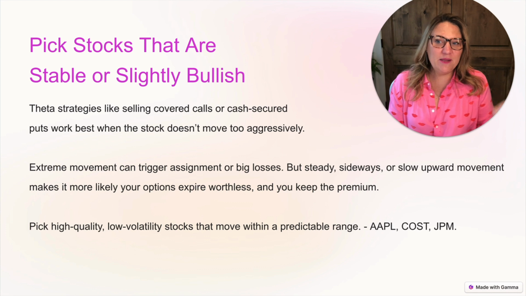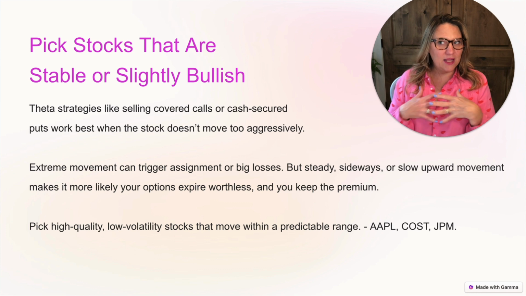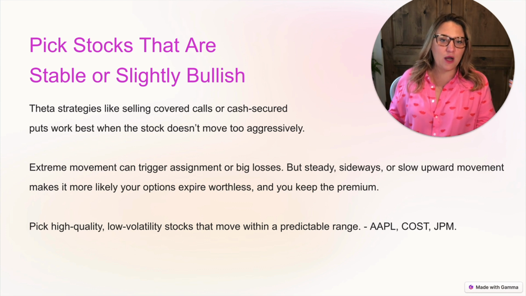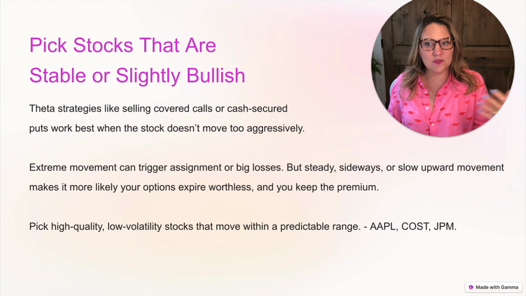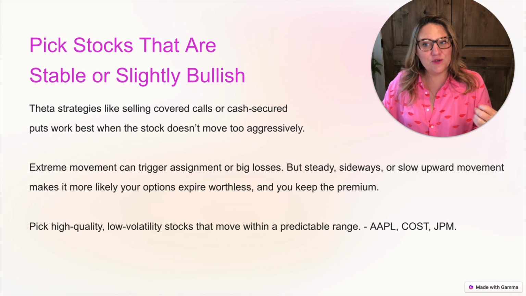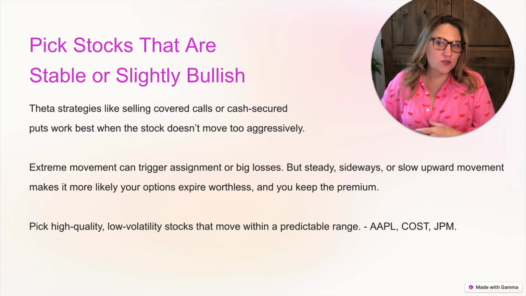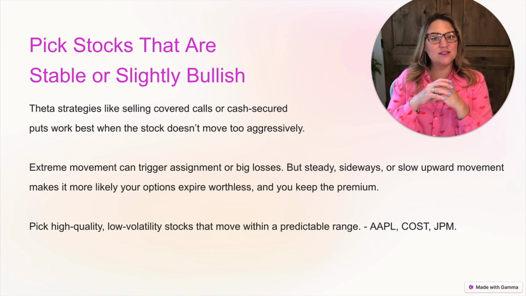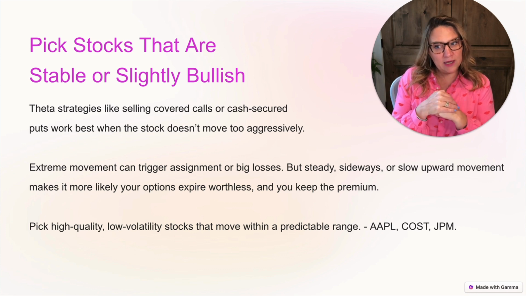Okay, you also want to pick stocks that are stable or slightly bullish for this strategy. I'm not saying that for every options play you want to do, but if you are just making a theta play, you want to make sure you're picking stocks that are stable or slightly bullish. Theta strategies like selling covered calls or cash secured puts work best when the stock doesn't move too aggressively, okay?